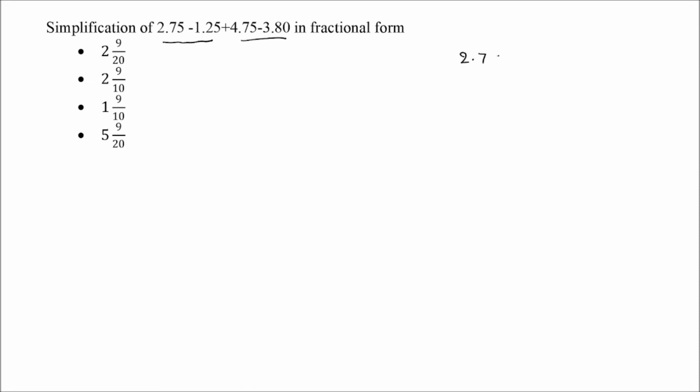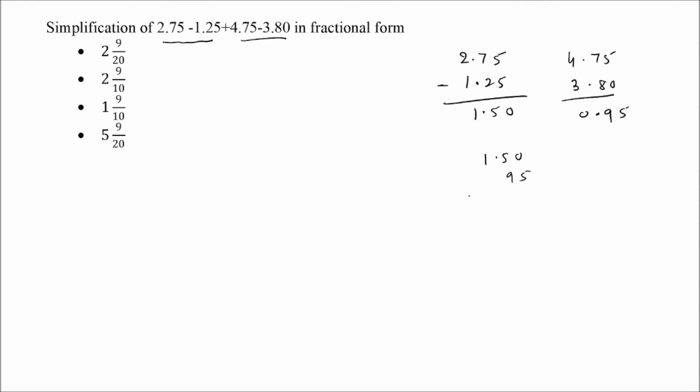So 2.75 minus 1.25, this is subtraction. Then 4.75, 3.80, 5, 9. We have to add all these.